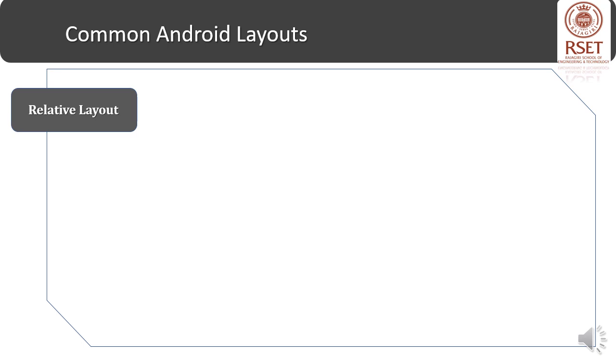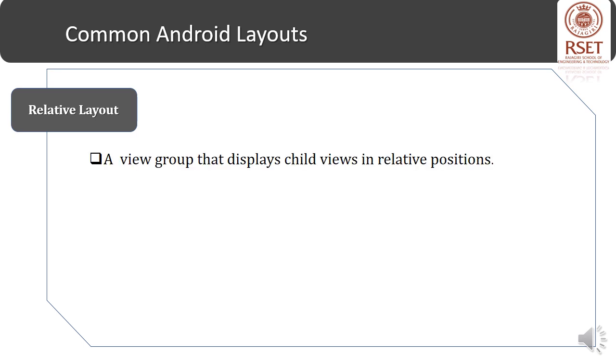Relative layouts in Android. Relative layouts are view groups that display child views in relative position. It means it enables you to specify how the child views can be positioned relative to each other.